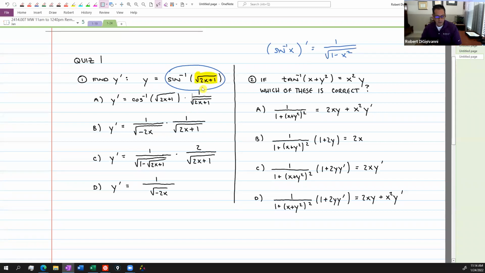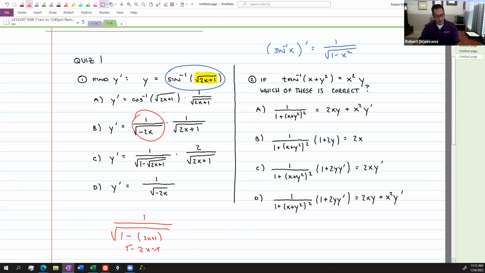So the first thing we have to do is take 1 over the square root of 1 minus all of this stuff in yellow squared. And when you square it, the square root goes away, so you don't have that anymore. But then you distribute the negative through, so it's really 1 minus 2x minus 1. And the ones cancel, and you just get a negative 2x under a root.